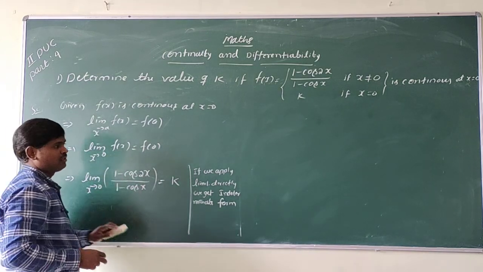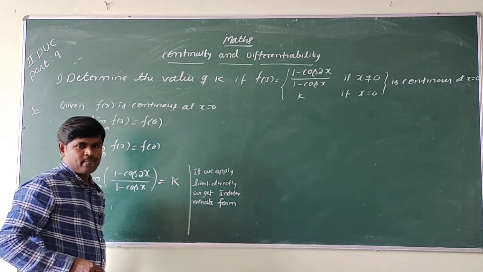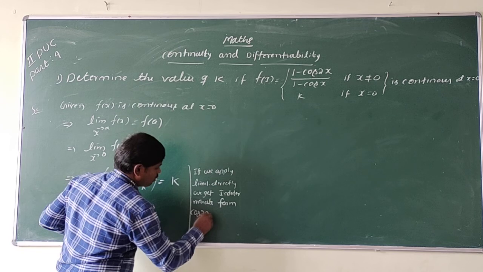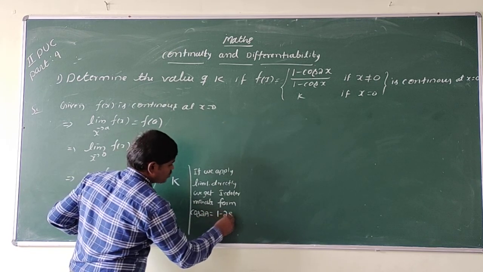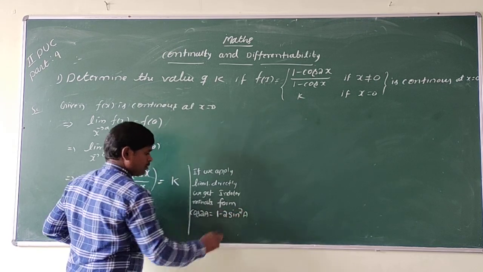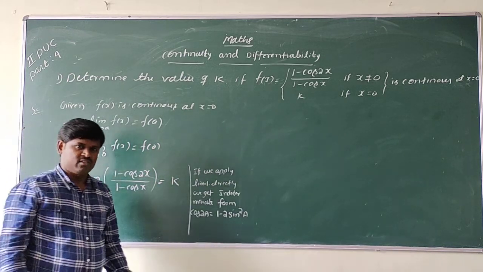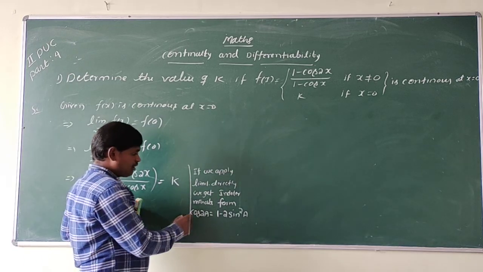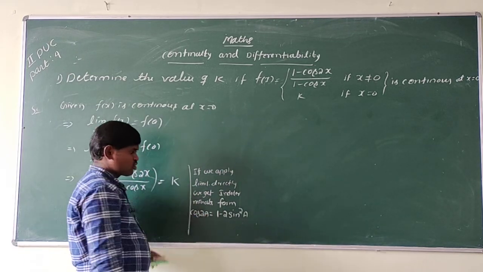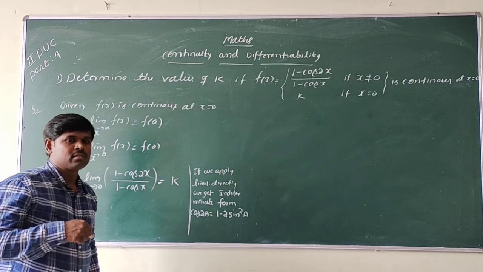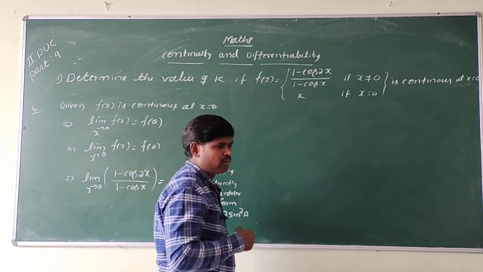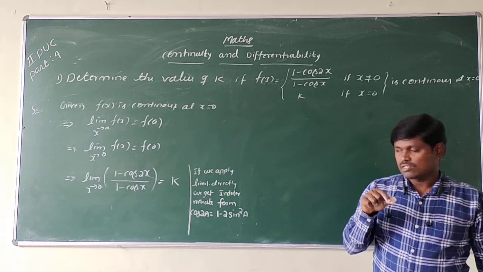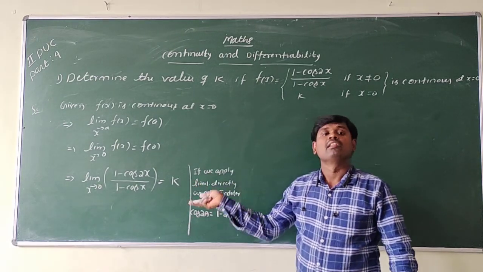Already you know that we have the formula cos 2θ is equal to 1 minus 2 sin square θ. One more formula is also there, cos 2θ is equal to 2 cos square θ minus 1. But here we are considering cos 2θ equal to 1 minus 2 sin square θ because there is a standard formula, the limit of sin theta by theta as theta tends to 0 is 1. Therefore we are going to convert the given function into that form.